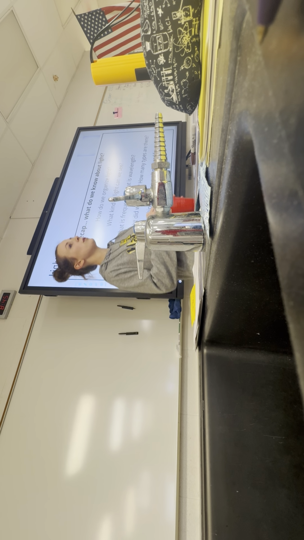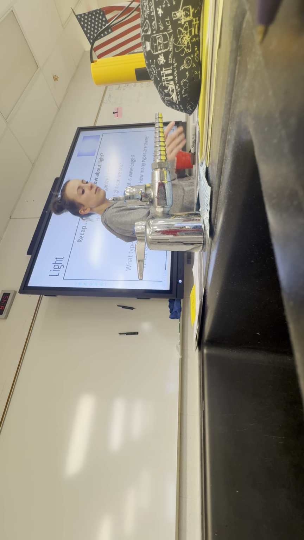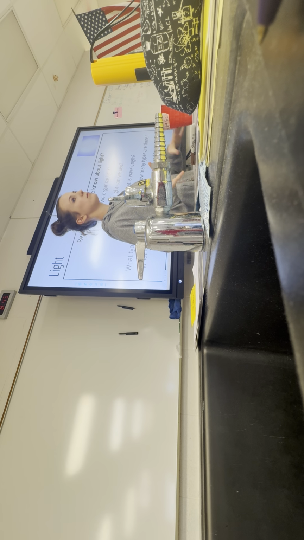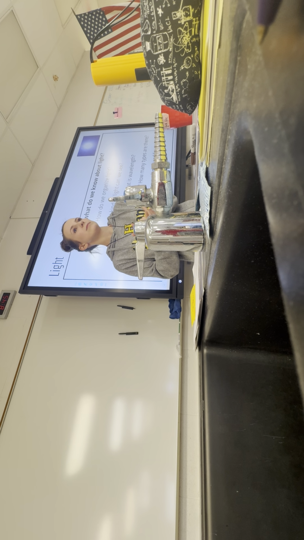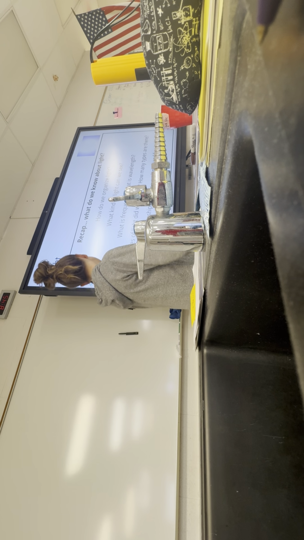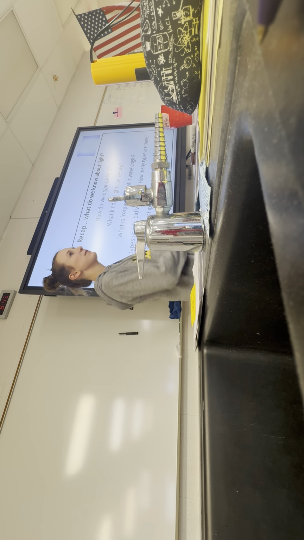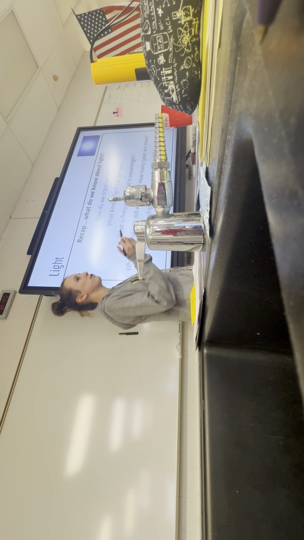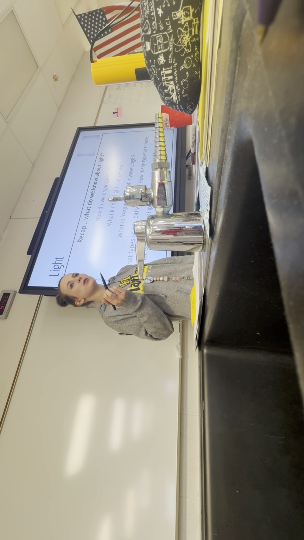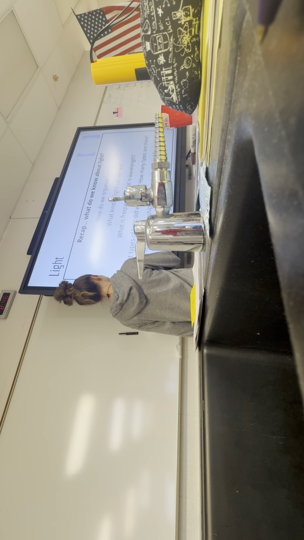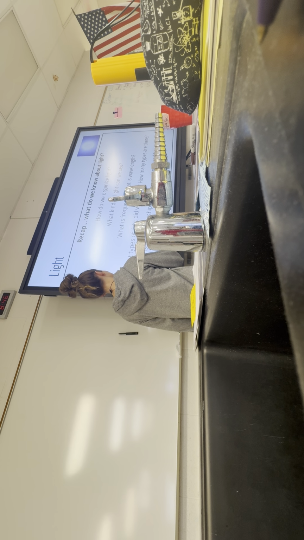All right, last one. What does all light have in common? Alyssa. Okay, who can help her out? Hayden. Speed. Do we remember what the speed is? What was our number for that? For speed of light? 10 to the 8.